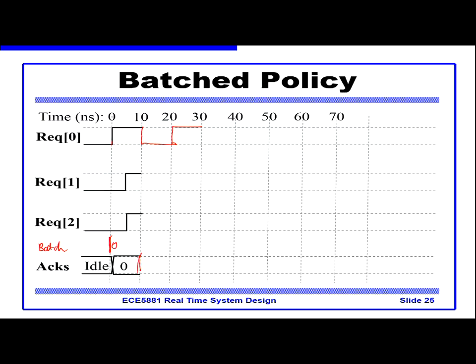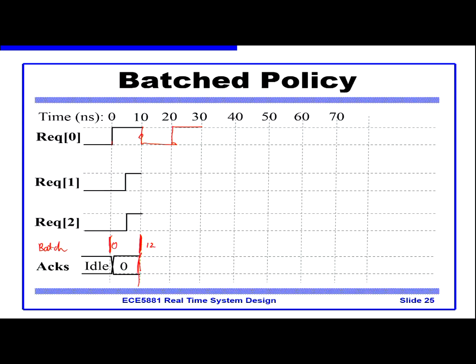Alright, so once the request drops here, we then have to work with a new batch of requests, which is what? One and two, that's it, yeah, not complicated. But what you notice is 0 is not in that batch.